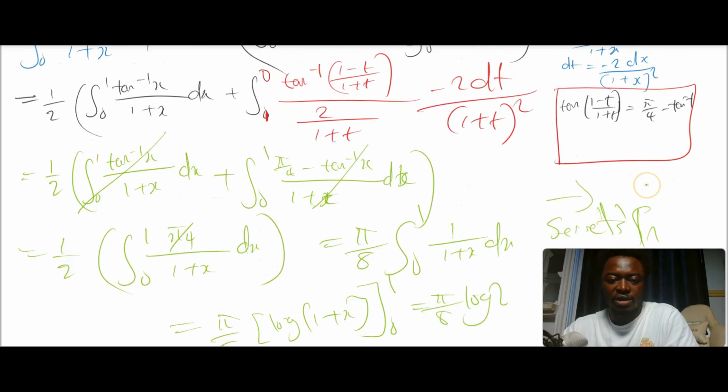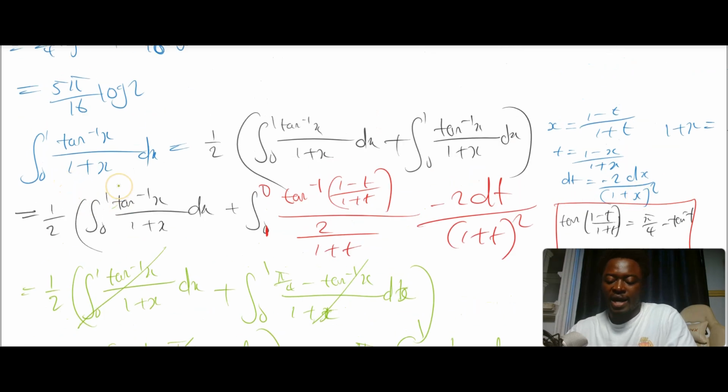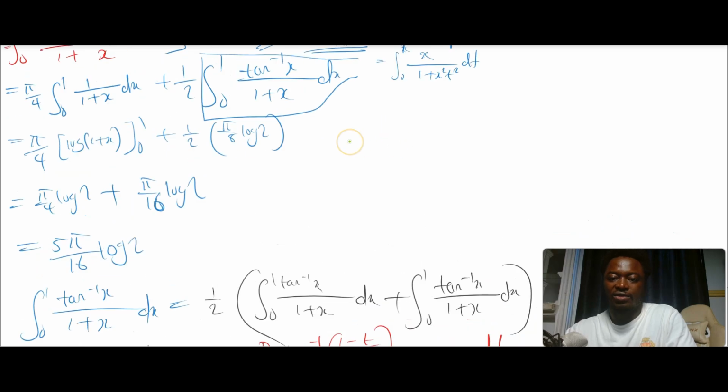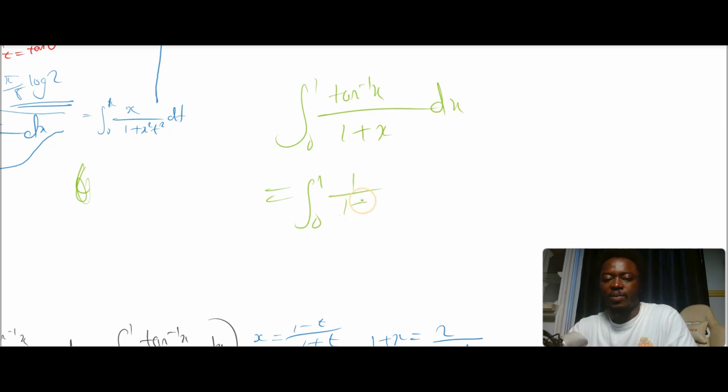Of course, you have to know it, but I have not derived this via this method before. The one I derived was the fact that you can write it this way; I'll just show you the snapshot. You can check the description. The integral from 0 to 1 of tan inverse of x over 1 plus x dx is the integral from 0 to 1 of 1 over 1 plus x times the integral from 0 to 1 of x over 1 plus x squared t dt, then you have a dx.